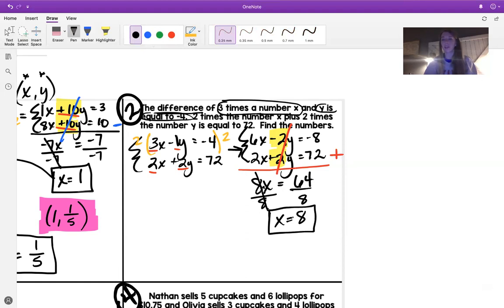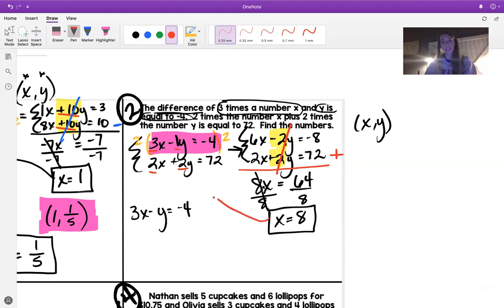All right, but again, we're trying to see where they intersect on the graph, so I have to have an x and a y. So again, you can just go and choose either one of the equations from the beginning. I'm going to use this one right here that I highlighted. I'm going to use 3x minus y equals -4.